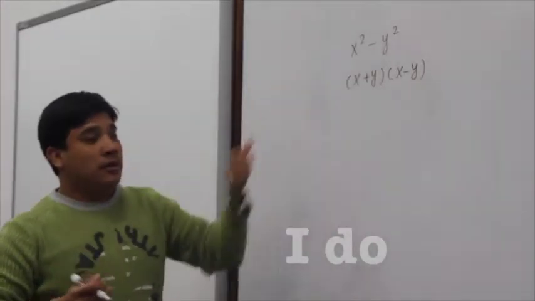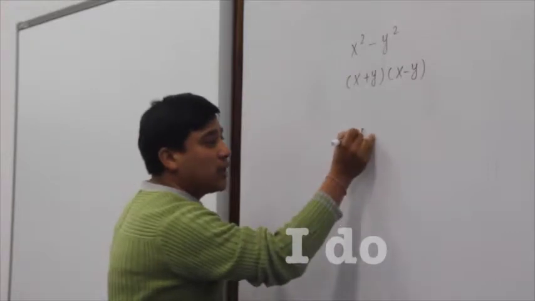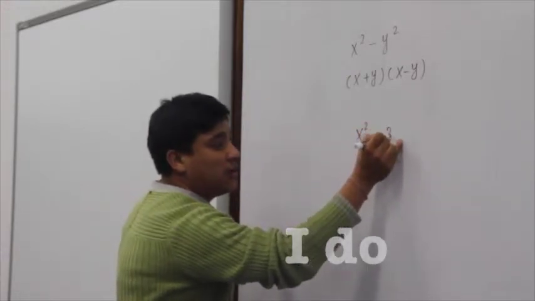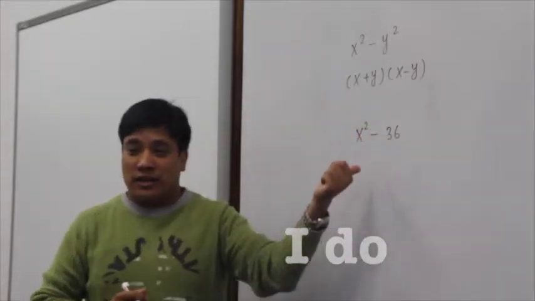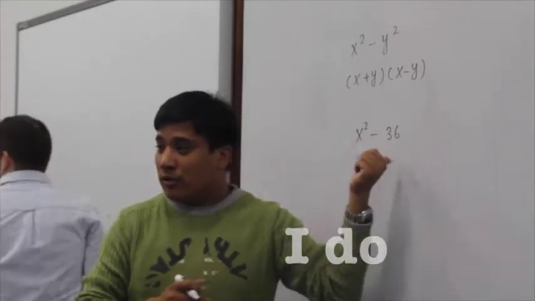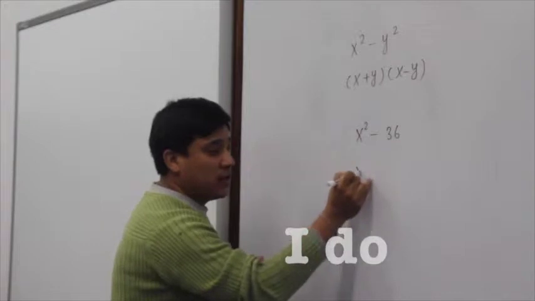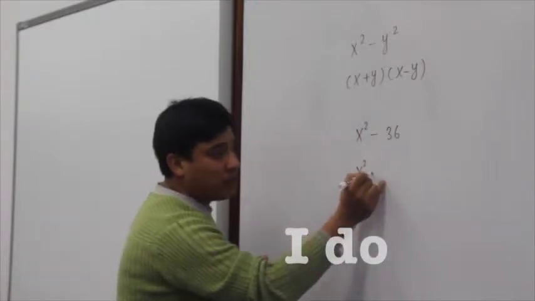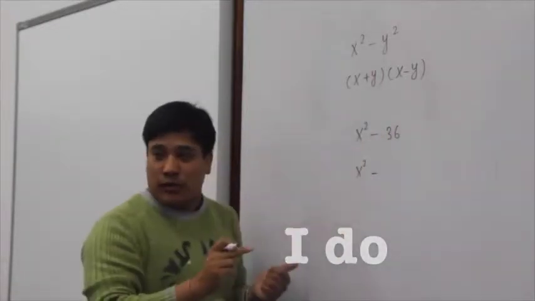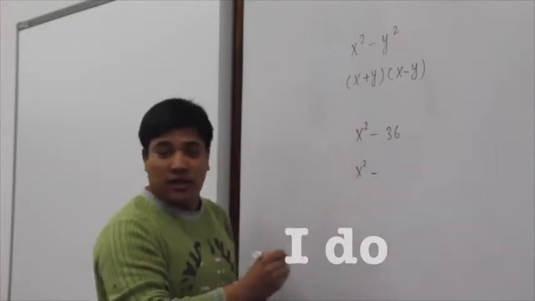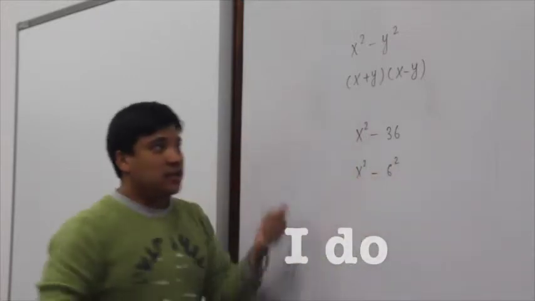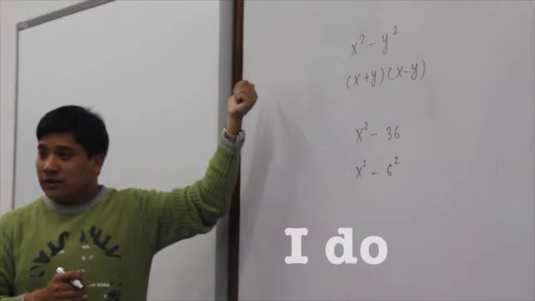Sometimes instead of a variable, you can also see a number there, say 36. And that's the reason why I say you should know perfect square numbers. When you see this one, how can I rewrite this? x squared minus, first let's write this as a perfect square. What is this? 6 squared. Is it the same as one of the identities that you have learned?